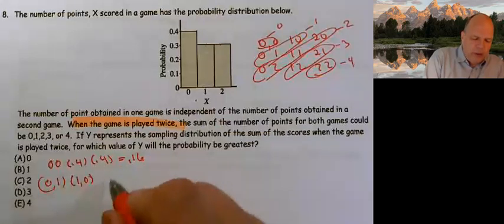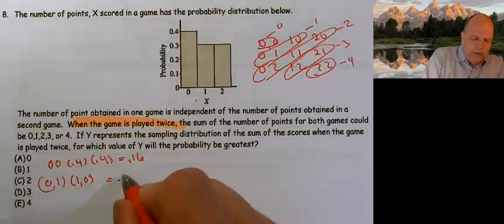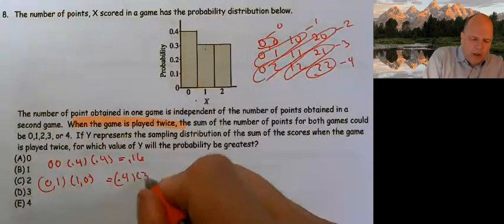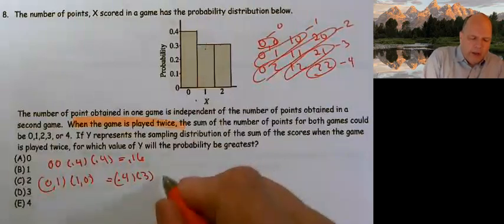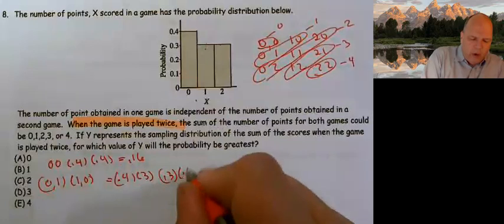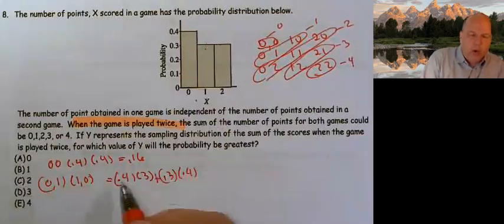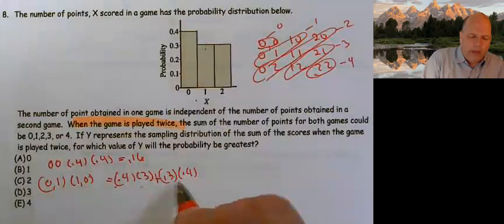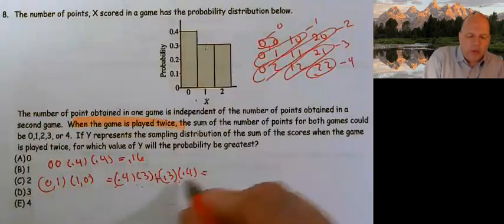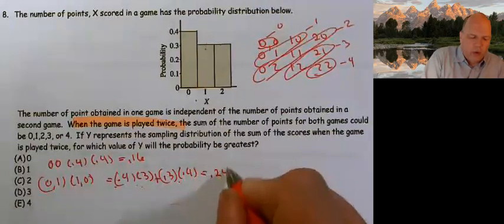So the probability of a 0 would be 0.4, and the probability of a 1 is 0.3. Or I could have it the other way, 1 and 0, which is 0.3 times 0.4. But it's either this one or that one, so I have to add them. So this ends up being 0.12 plus 0.12, which is 0.24.